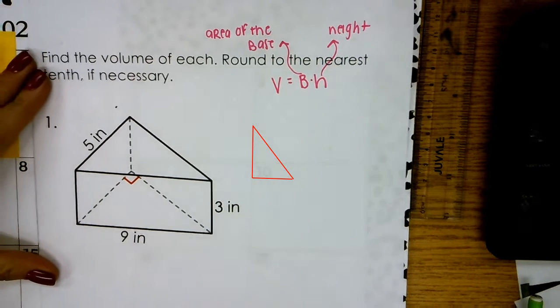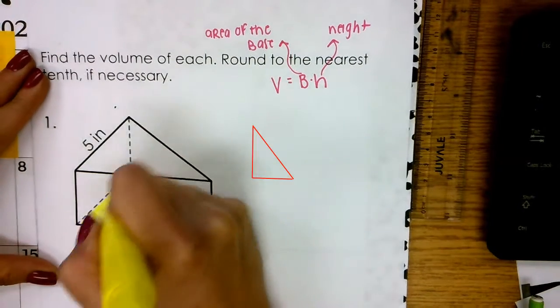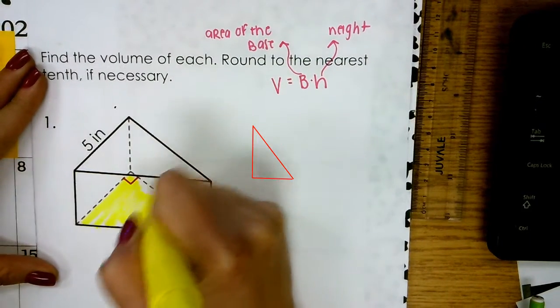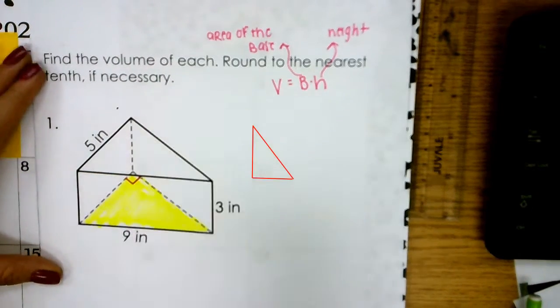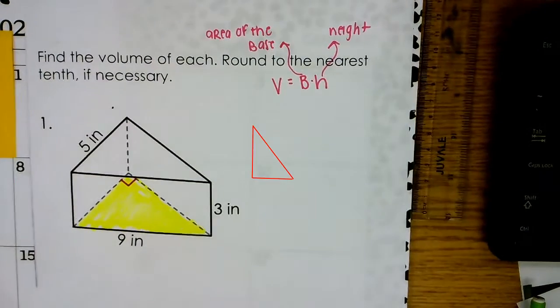So here, in this figure, our base is this yellow triangle that I have filled in, which we can see is a right triangle. So what we're actually going to do is I'm going to draw the base over here, so we can find the area of the base.